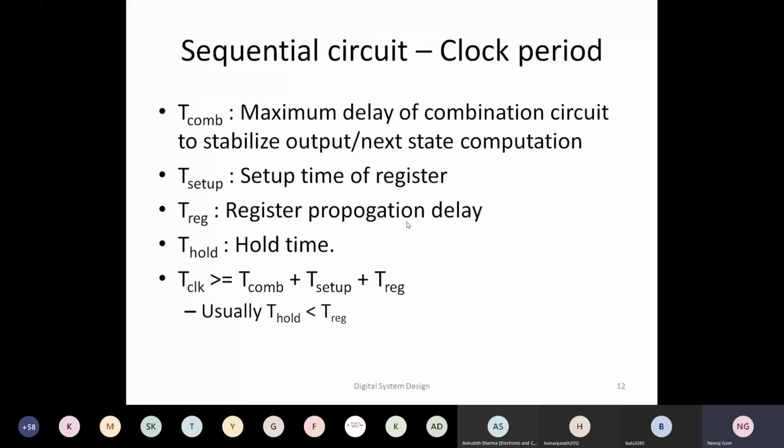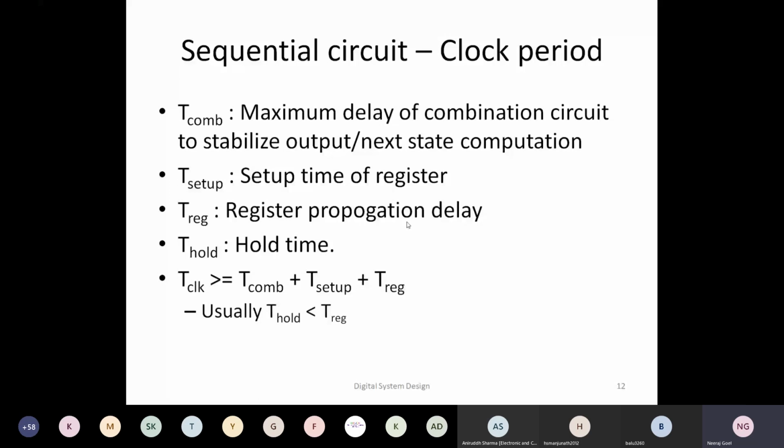Now we also know that there is going to be some combinational circuit, which could be a data path or part of the control path. This T combinational is the time required for my output to get stabilized or next state to be stabilized. If I'm waiting for my output to be stabilized, then it is part of the data path.